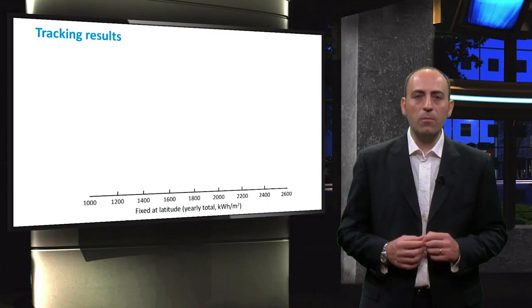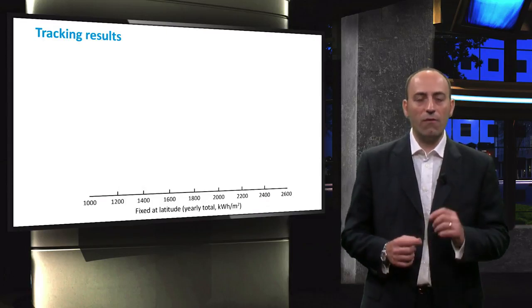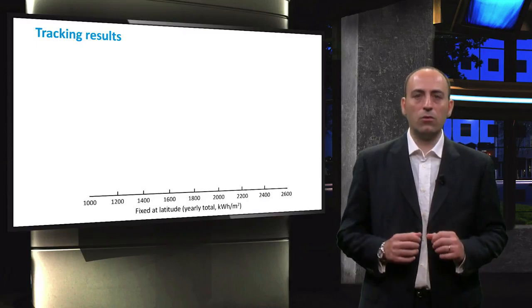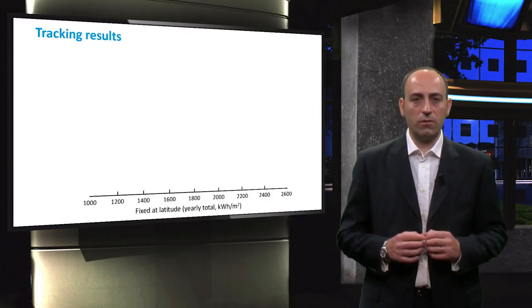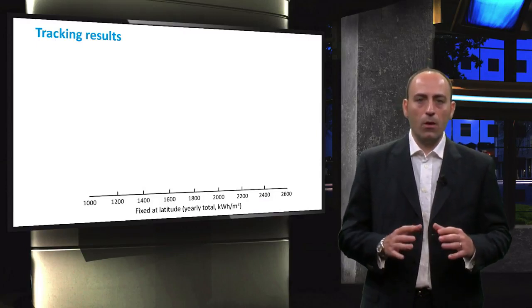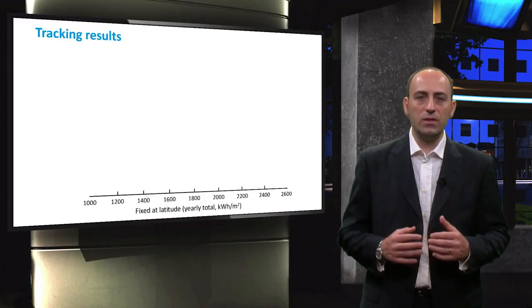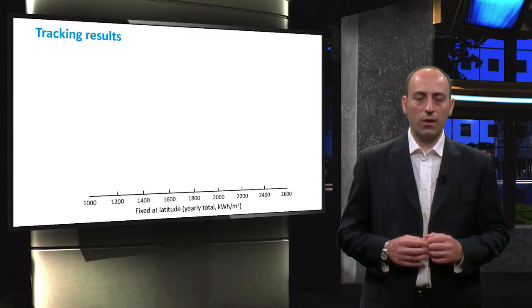Let's compare the performance of a dual-axis tracking system with the performance of a PV system with a fixed tilt angle. We will now use the annual total amount of incident energy received by a surface to compare the performance of the systems. So, on the horizontal axis of this diagram, we have the incident energy for a system with a fixed tilt angle that is equal to the latitude of the location.